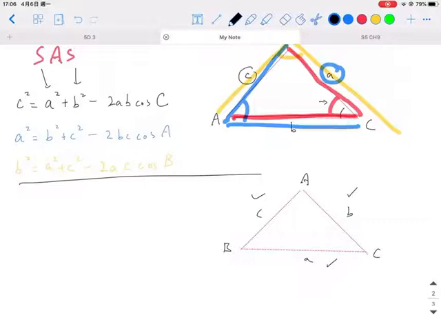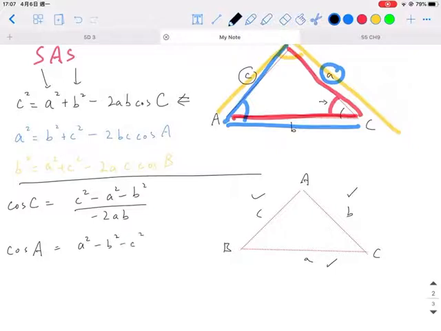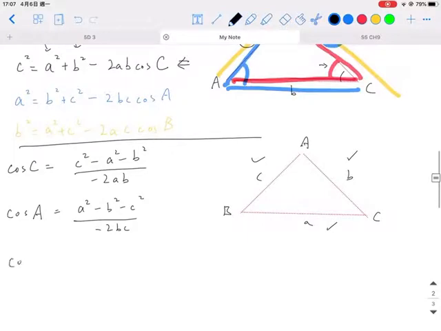Because we just changed the subject from the first one, we can find cosine C is equal to c squared minus a squared minus b squared over negative 2ab. And therefore cosine A is equal to a squared minus b squared minus c squared over negative 2bc. And cosine B is equal to this one.